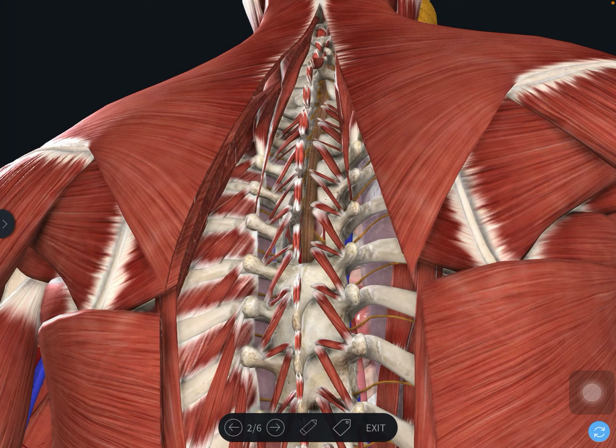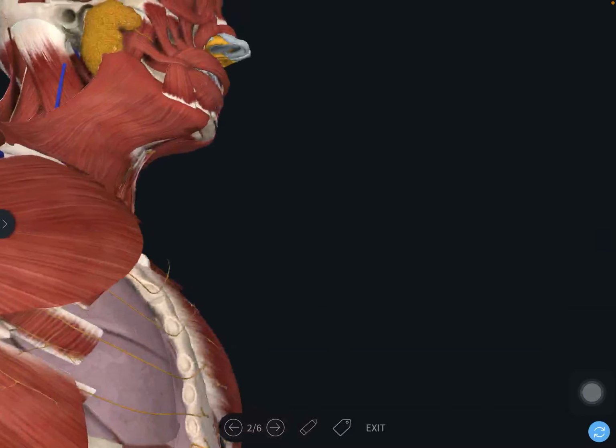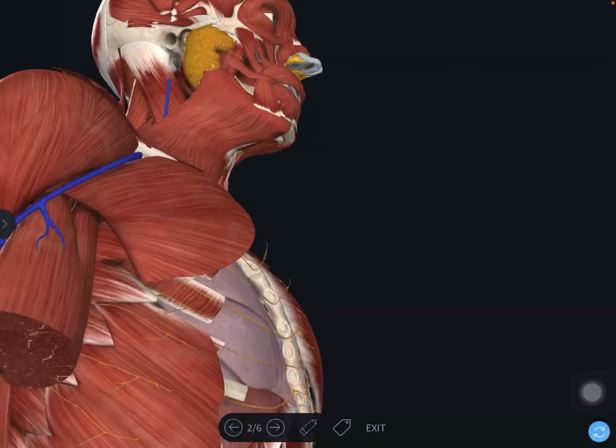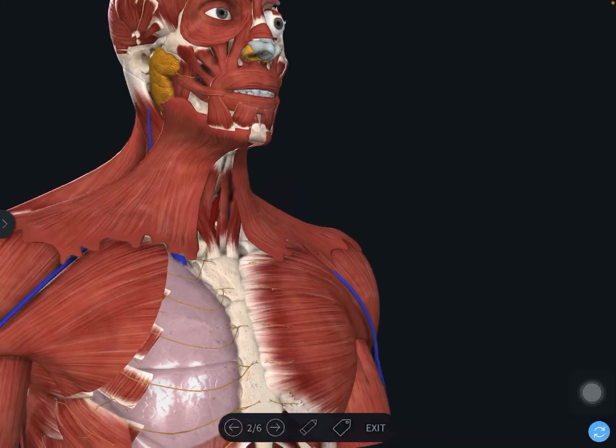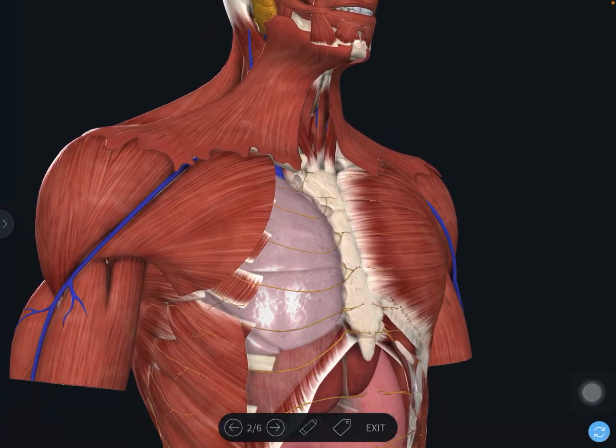Angle of the ribs, you should have learnt what is the angle of the rib. So this intercostal nerve, on reaching this angle of the rib, gives off a collateral and lateral cutaneous branches.